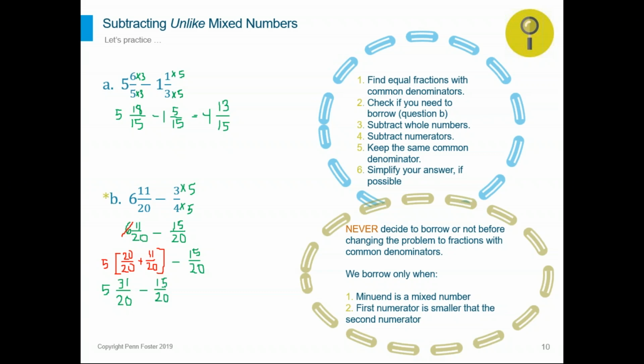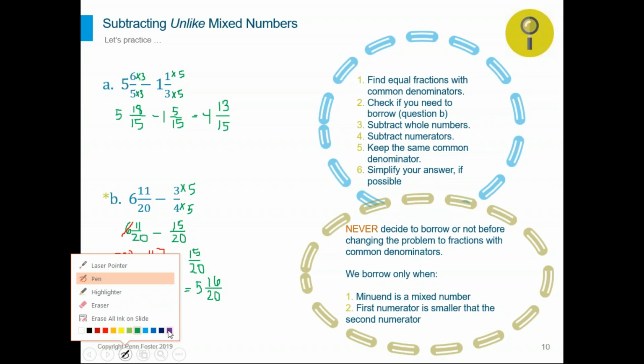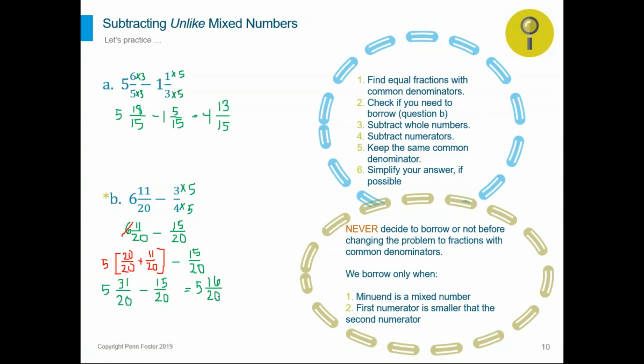Let's now attempt to subtract the numerators. Would it work or not? Well, 31 minus 15, yes, it would work. And that is 16. 20 will stay in the denominator. 5 minus nothing is 5. I'm able to simplify this fraction further because I see a common factor between 16 and 20.